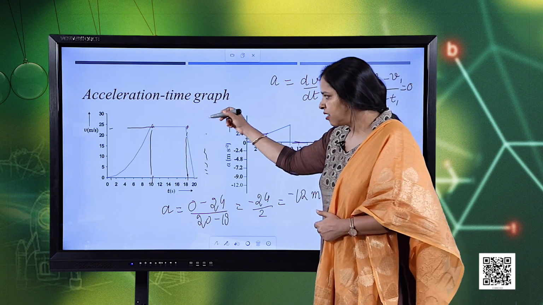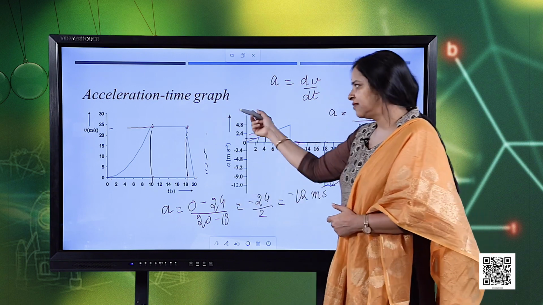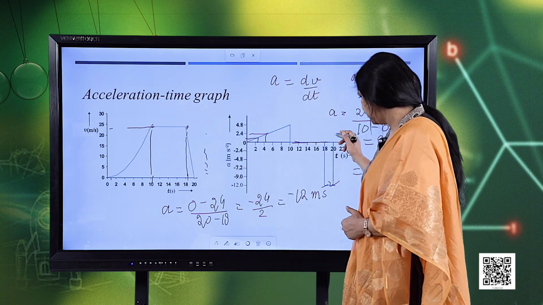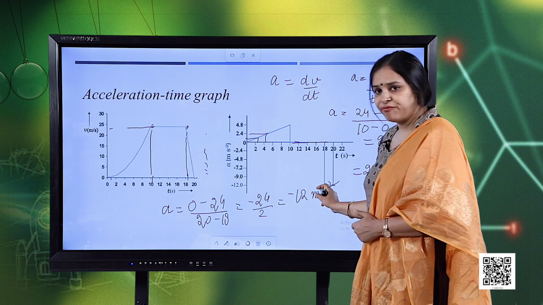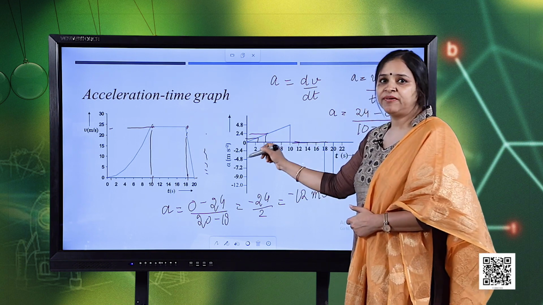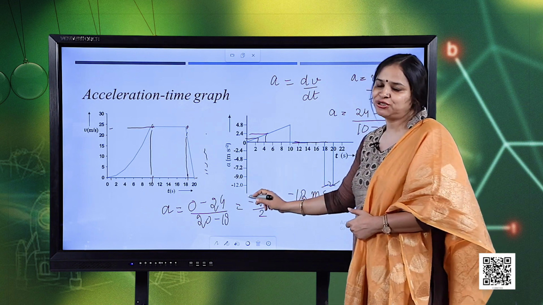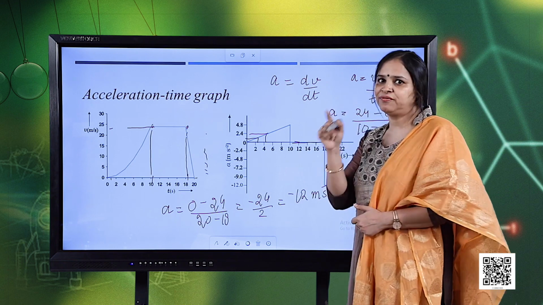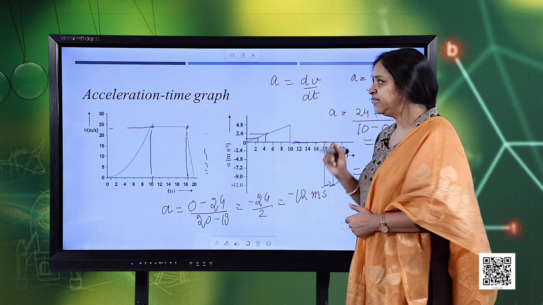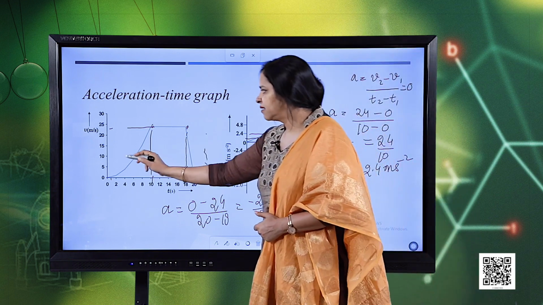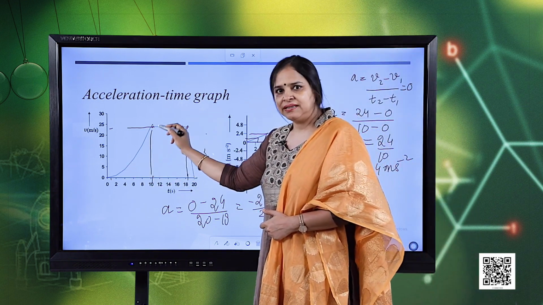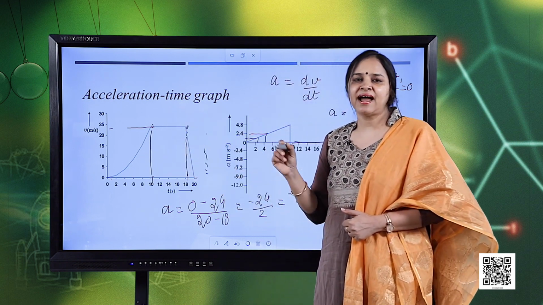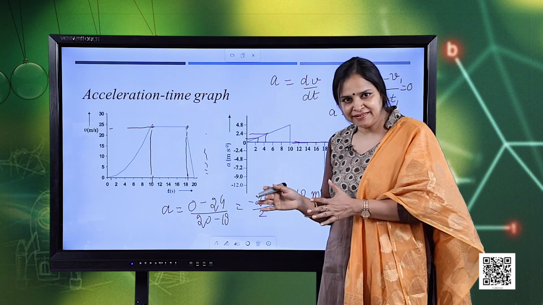Again, in terms of the slope of the graph, the slope is also negative. And if we see the value graphically at different instants, we found the acceleration to be the same as the average acceleration. So, this is the basic difference which we need to understand: if the graph is a curve, then average acceleration will not be the same as the acceleration at different instants.